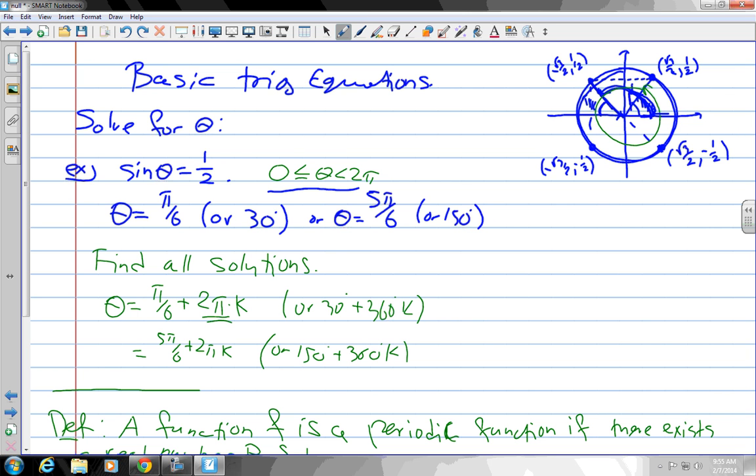Are they increasing or decreasing? Increasing. So this is the pi over 2, you get 1. But then as you're going from pi over 2 to pi, what happens to the y values? Decreasing. And they're going to get back to 0, right?